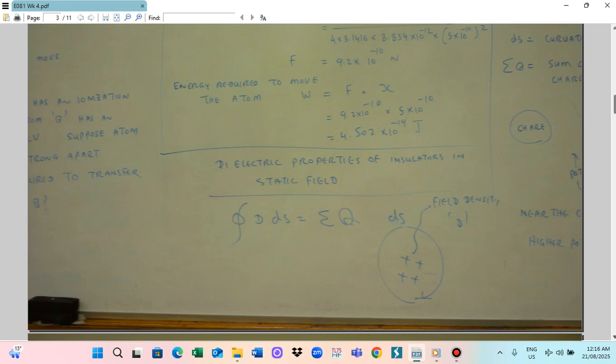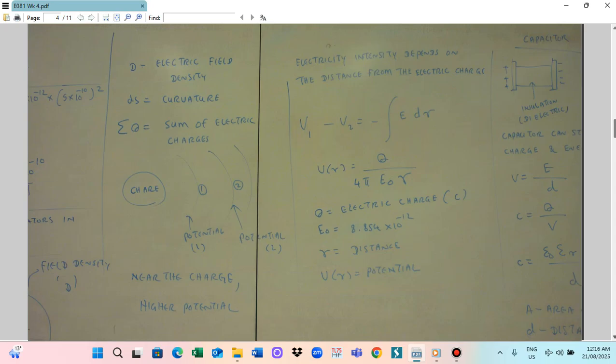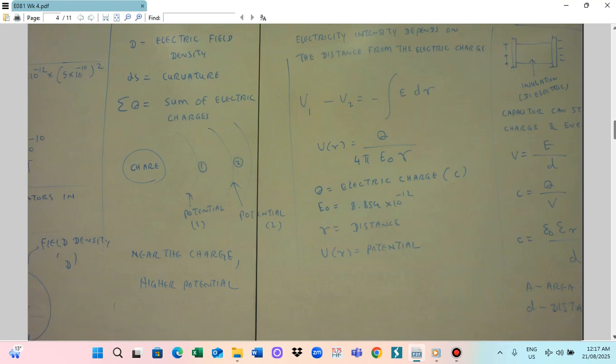In this case, D is the electric flux density, dS is the surface element, and the summation of Q is the sum of the electric charge. We can calculate the sum of the electric charge with this equation.